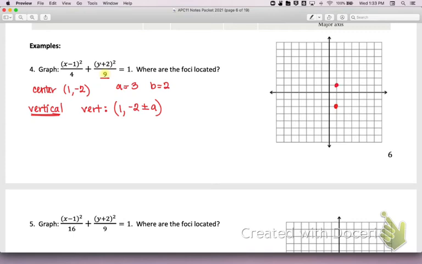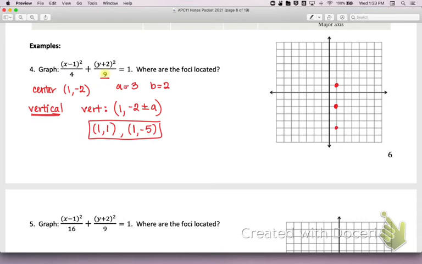So that's up 3 and down 3. Look at where we ended up. We ended up at the point 1, 1. That's because that's going to be negative 2 plus 3. So 1, 1 is our first vertex. And then we need to do negative 2 minus 3, which should take us to 1, negative 5. And if you look at the graph, that's exactly where we ended up.